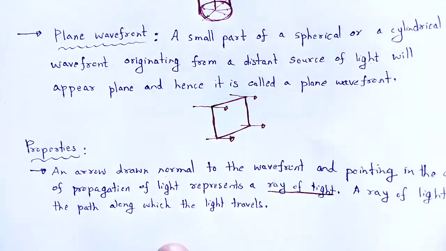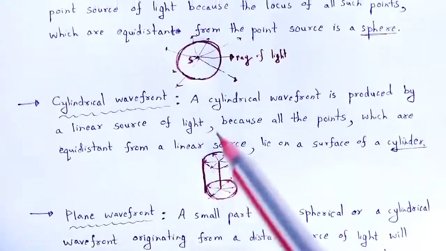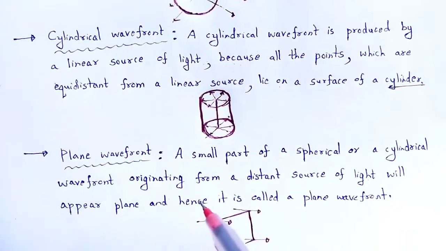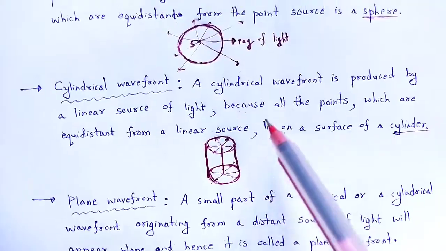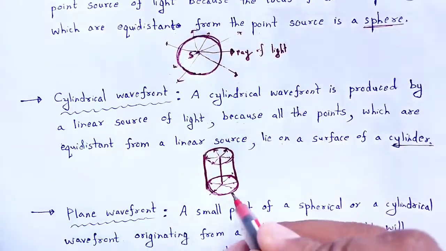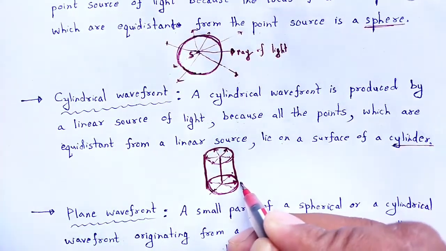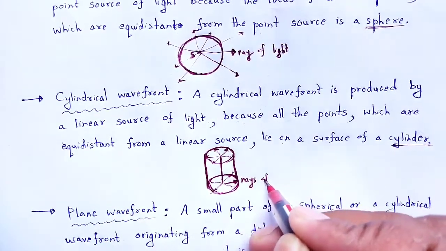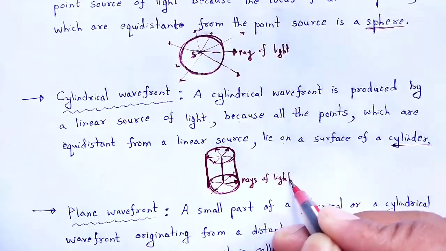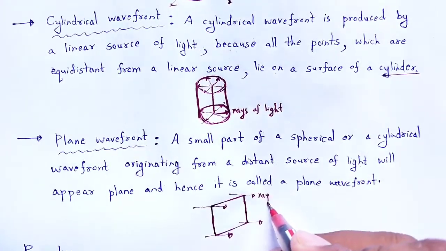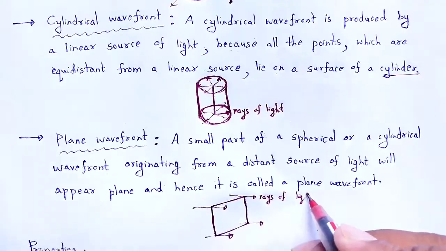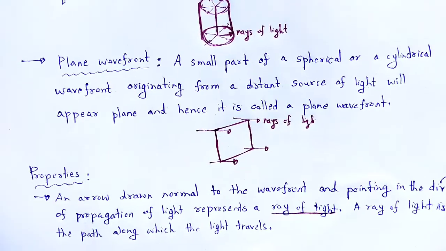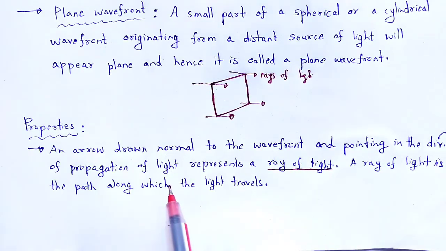Look at the figures. In case of spherical wavefront, cylindrical wavefront and plane wavefront, these arrows represent the rays of light. And now we draw some figures for plane wavefronts.